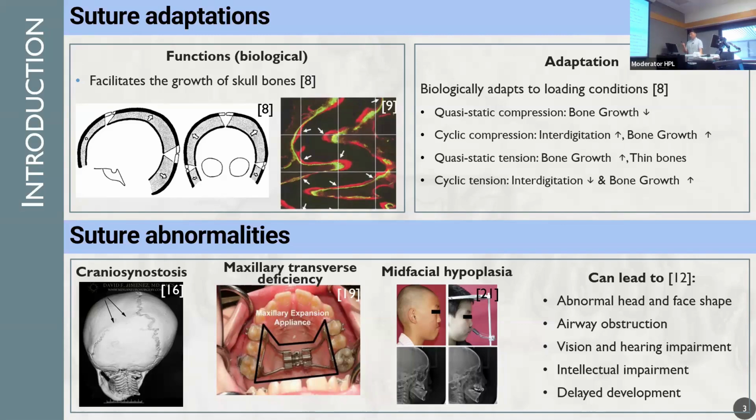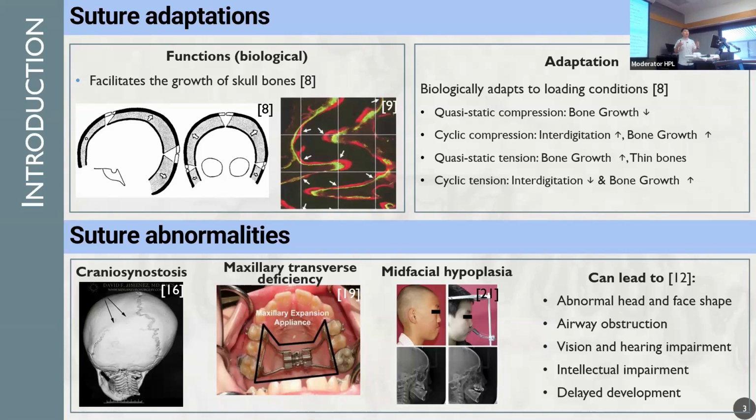It's not that straightforward. Here, this middle part will be the suture gap, and the concave area of the suture will be around here, which is the protruded interdigitation process of the bone itself. From this image we can see there is a higher amount of bone growth, but I can't really tell whether it's causing more tension or more compression. Again, without looking at the suture fiber orientation, it's really hard to say.